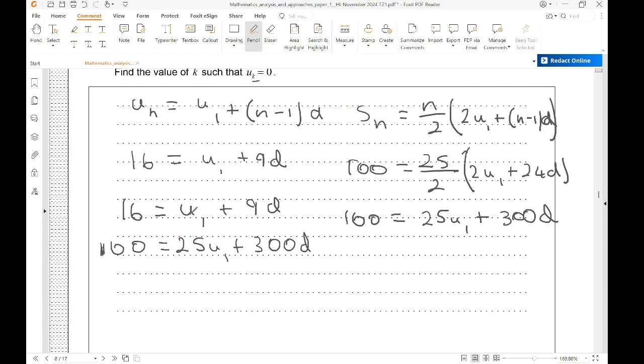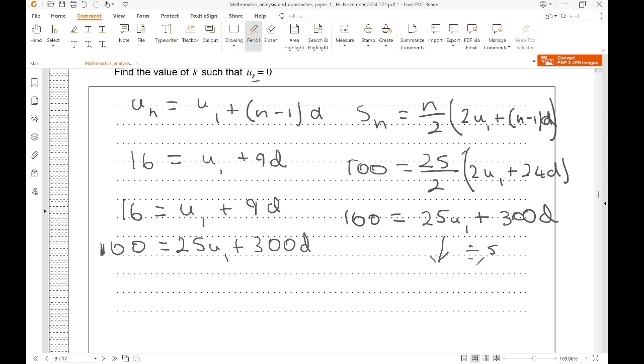So the easiest thing that you can do is multiply this entire thing by 25, or you could simplify this bottom part over here, whichever way you want. So I'm going to simplify the bottom part. If I divide this entire equation by 25, let's do 25 instead.